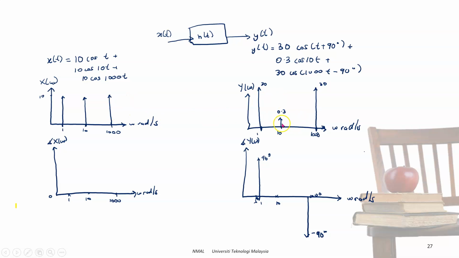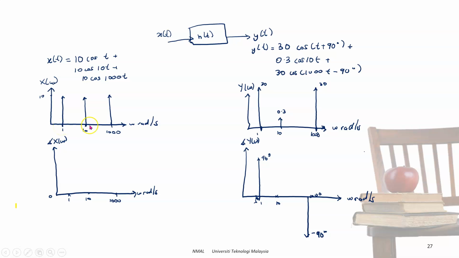the relation. So you can see that from X omega to Y omega, at 1, okay, the gain here is 3 because 10 multiplied by 3 is 30. So there is a gain by 3 at omega equal to 1.